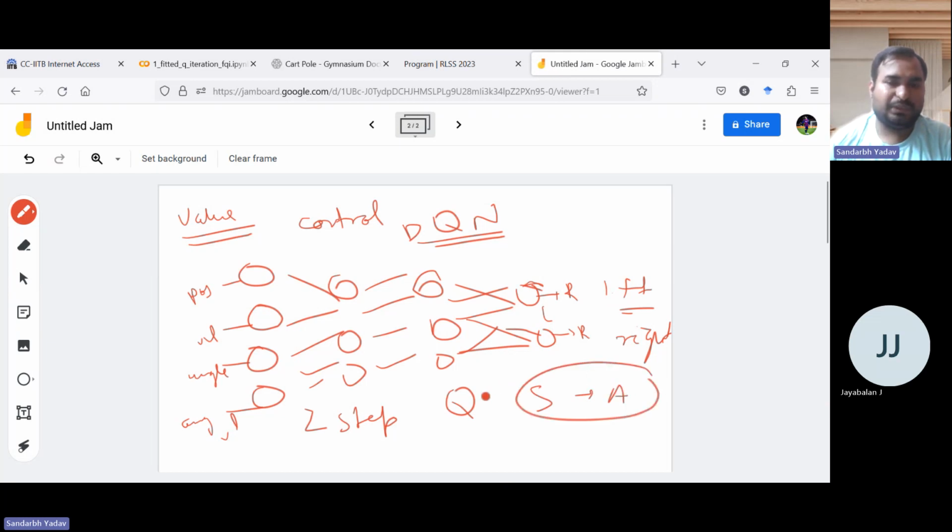So for each state, you take the argmax over all actions of Q(s, a). This will return you the best action, or a set of best actions. So this is a two-step process. First you learn the Q value function, then you take the argmax to get the best action, and this is essentially your policy. This is the kind of approach in value function based approaches.